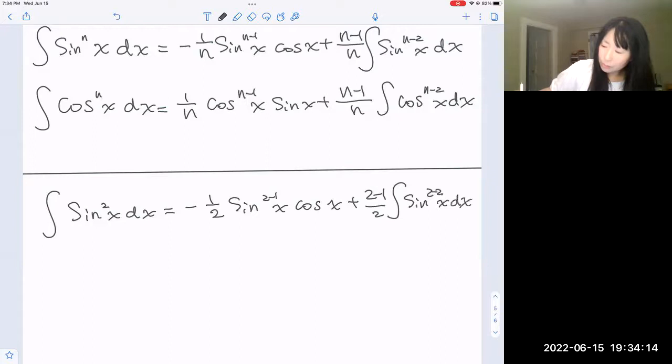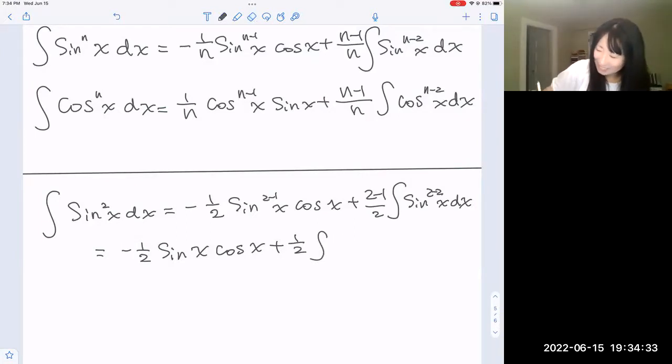Then minus 1/2 sine to the first power x cosine x plus 1 over 2 times sine to the 2 minus 2. 2 minus 2 is 0. Very good.